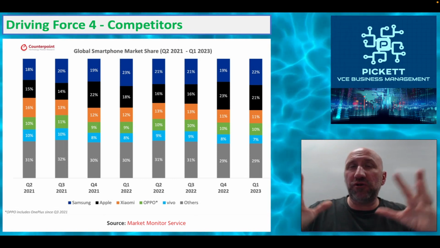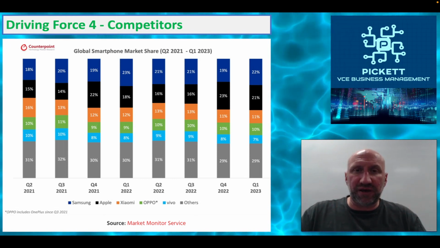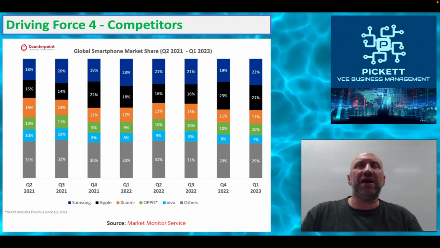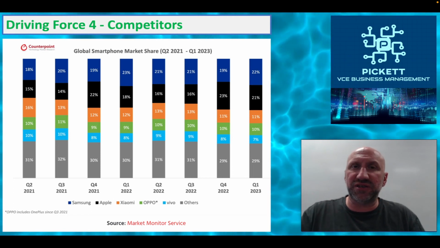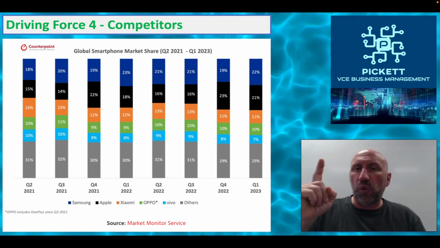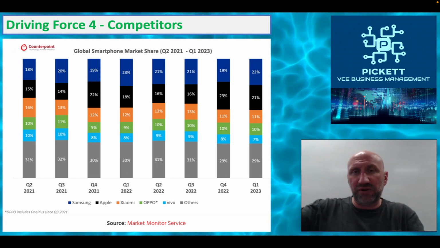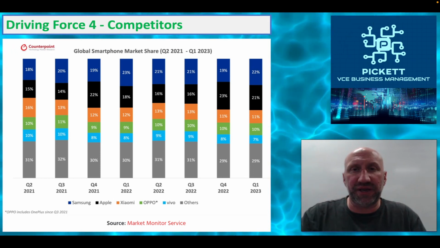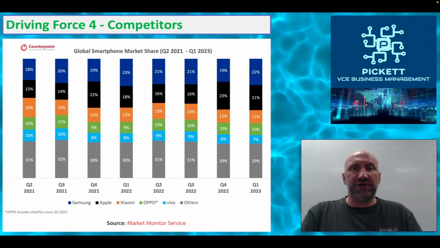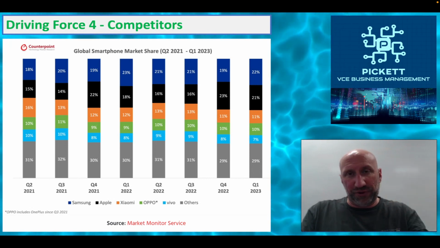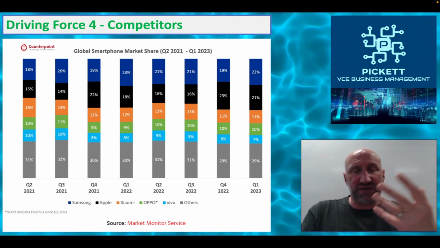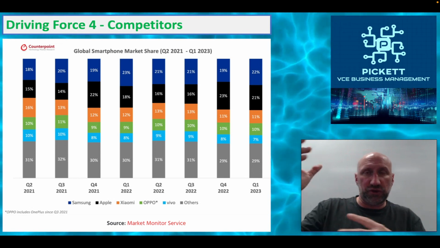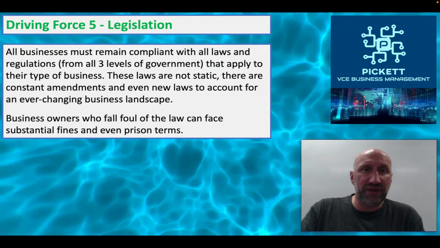Think about the global mobile phone market. I don't know the value of that, but it would be hundreds and hundreds of billions of dollars, if not trillions. A 1% take in market share is worth a huge amount of money. So this is really, really important to those businesses. So the point from this perspective is be aware of your competitors and constantly try to be outdoing them.